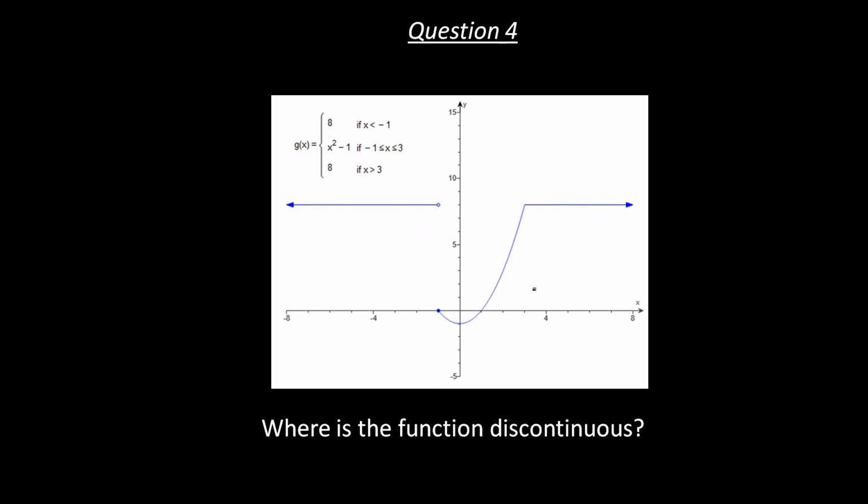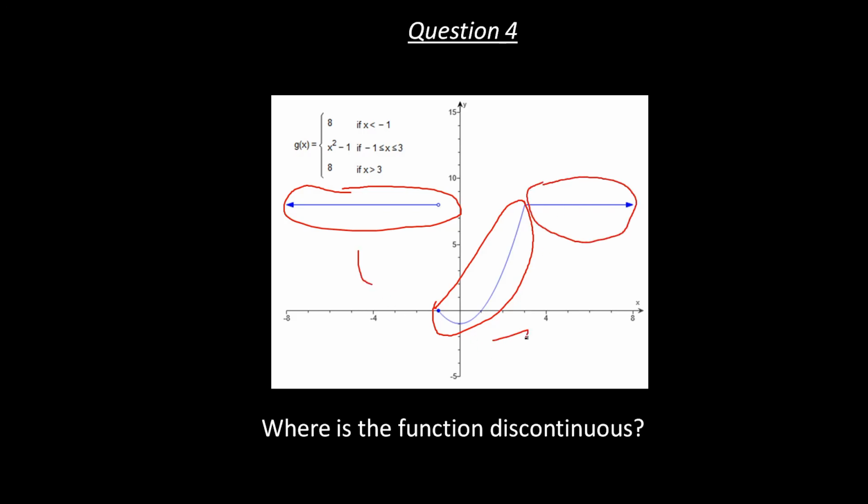Now, I gave the graph here because I wanted you to see the graph, but I want to focus on the function given and how to deal with piecewise functions and discontinuity. You want to determine if these pieces are touching. So this piece right here is not touching this piece here. So here are our 3 pieces. Here's piece 1, piece 2, and piece 3.